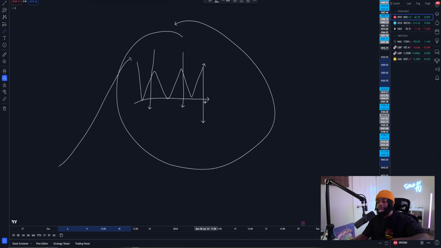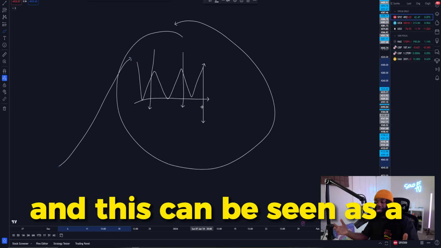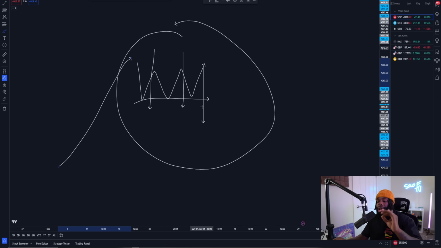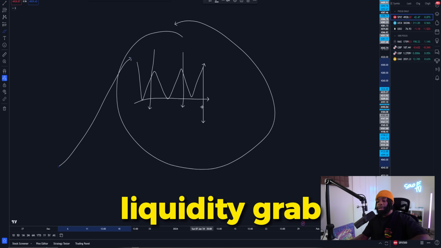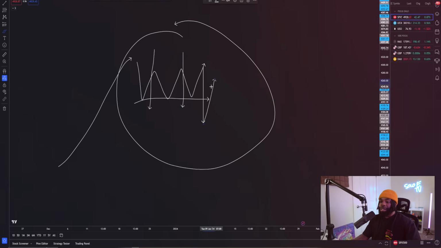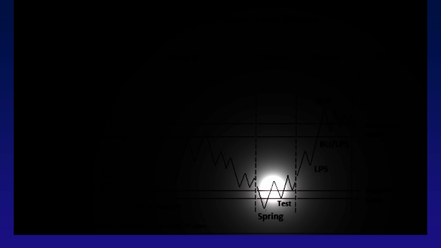I'm going to sit and wait on that spike, and this can be seen as a stop hunt, a sell stop, a buy stop. I see this as a liquidity grab, liquidity sweep, and once the market decides to sweep it, whether it's a wick out or a close out, I'm going to wait on the market to break right back up and then create the next segment in Wyckoff, which once again I pop up right here, and this right here is what we like to call the test.